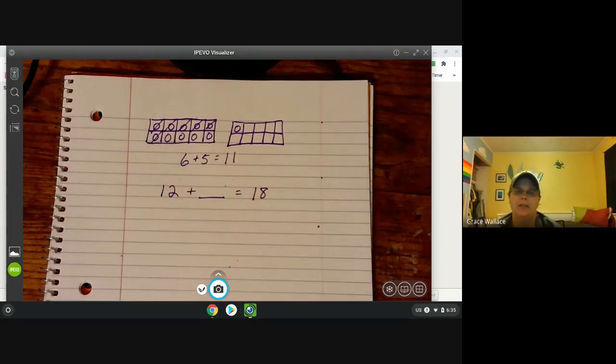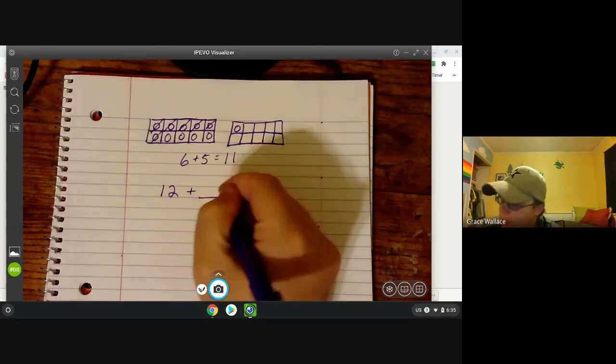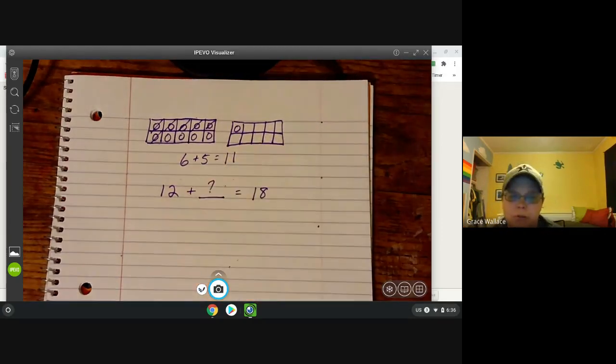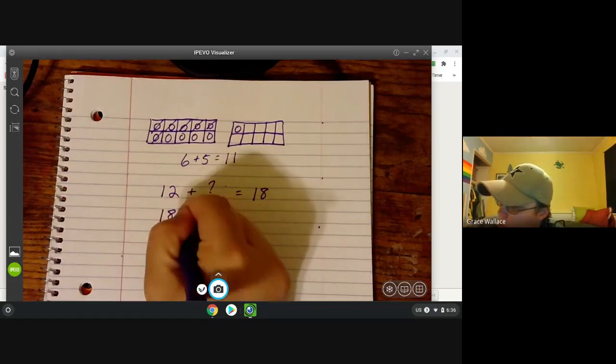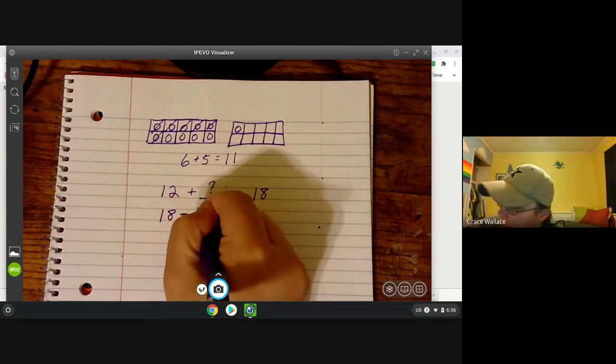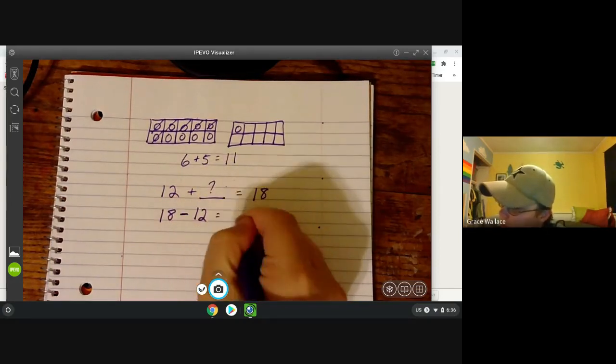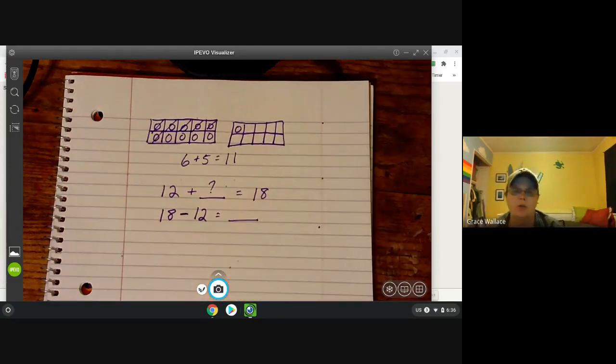I don't know what this number is. Remember there are 3 numbers that create an addition sentence and a subtraction sentence. What I do know is the total, and I know one of the addends. So if I know the total and I know one of the numbers, think about that number bond: how many more do I need?